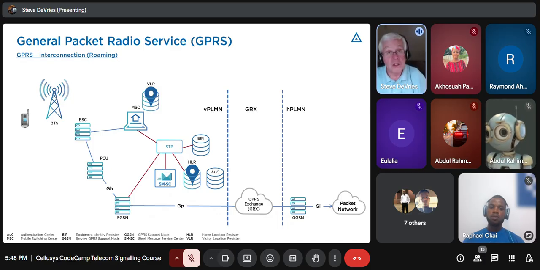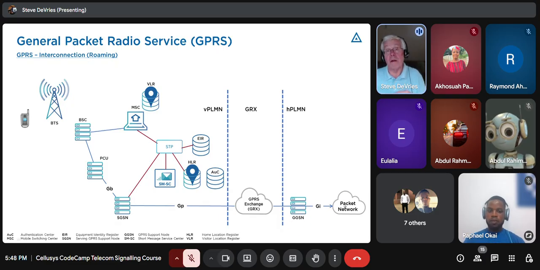When you register on the system and do an update location and power on, that data tunnel gets set up all the way through what's known as the GPRS exchange. That's just a series of networks that connect up and build this tunnel, this pipe, this GTP, GPRS tunneling protocol, which gets set to this gateway GPRS support node.